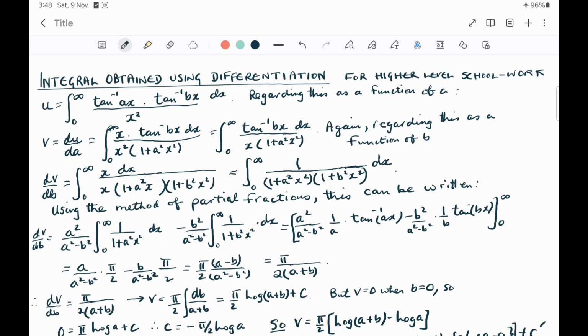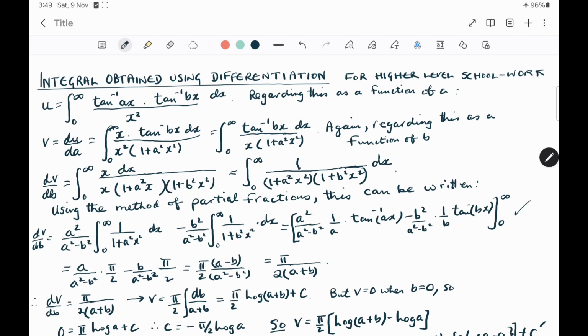And those are tan inverse functions, and that will give us a squared over a squared minus b squared times 1 over a tan inverse ax, minus b squared over a squared minus b squared times 1 upon b tan inverse bx. So that's taken us so far.